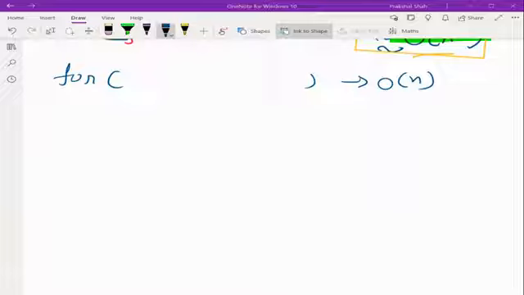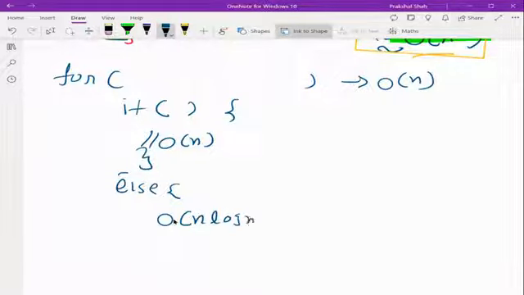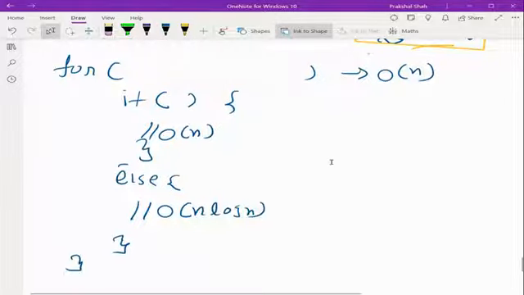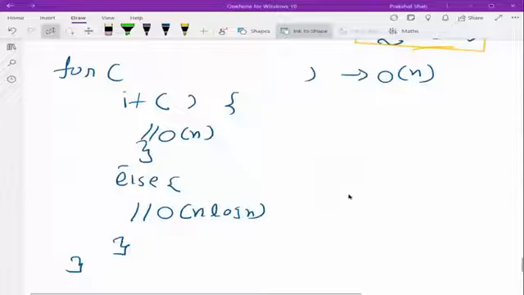In that, I have this as order of n inside this if, okay? In the else I have something which is represented as n log n. Now you need to tell me what will be my time complexity of this.